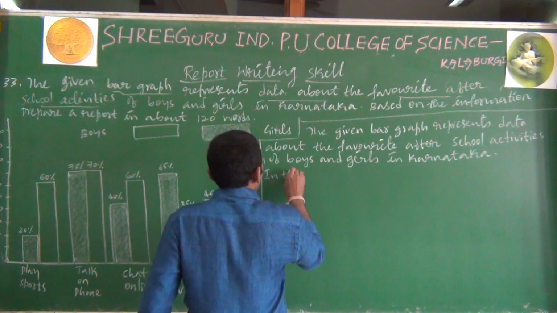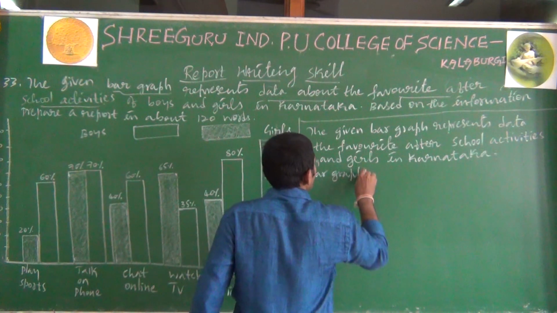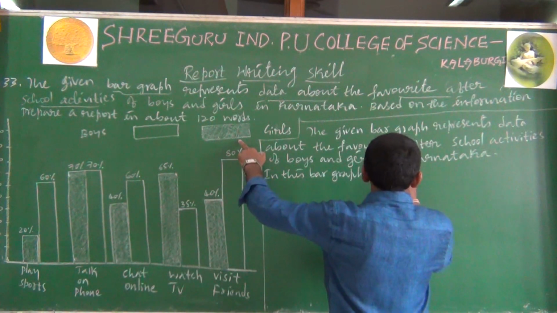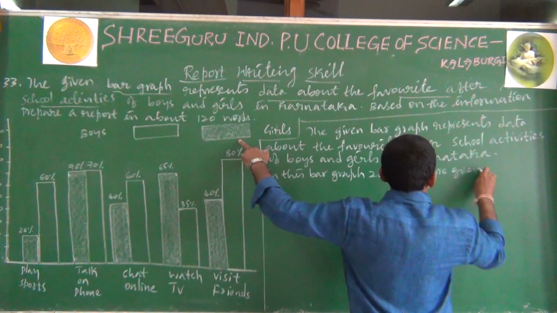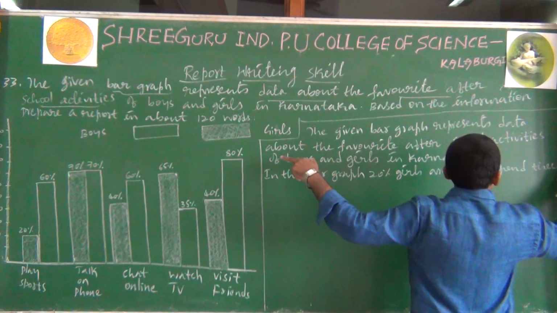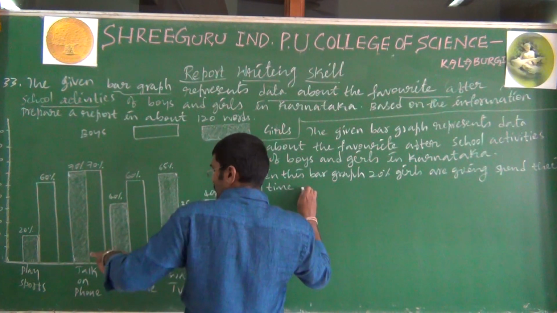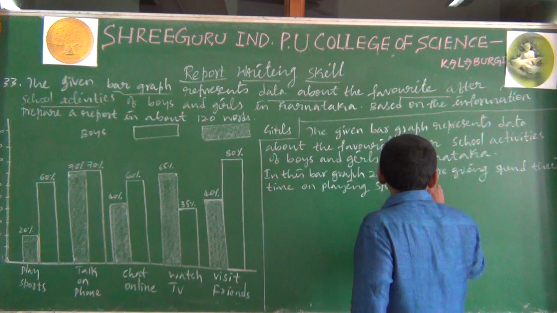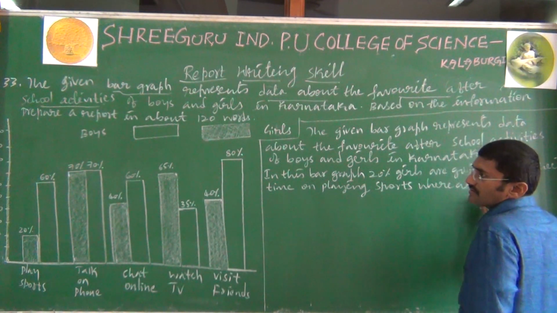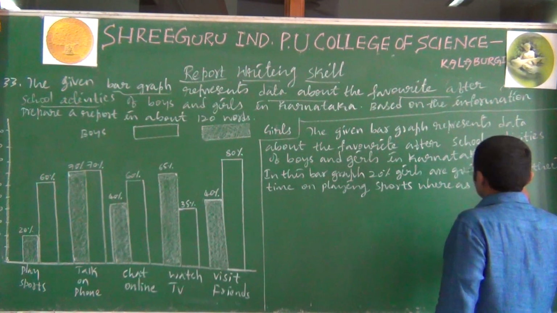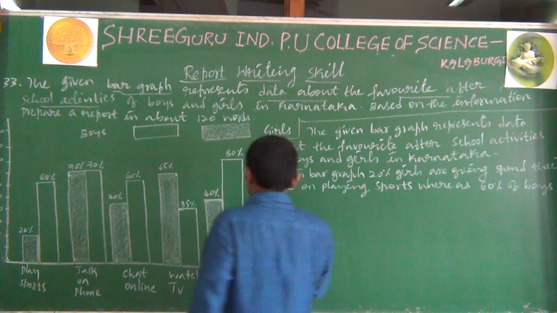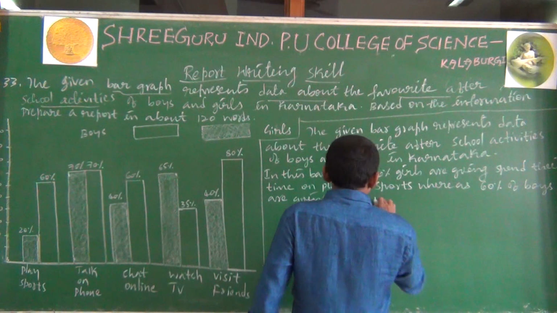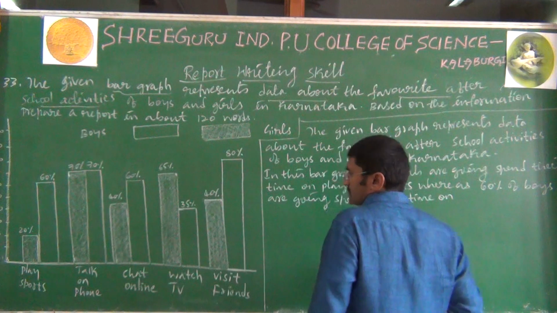In this bar graph, 20% of girls are going to spend their time on playing sports, whereas 60% of boys are going to spend their time on sports.